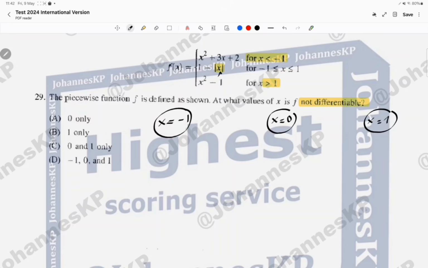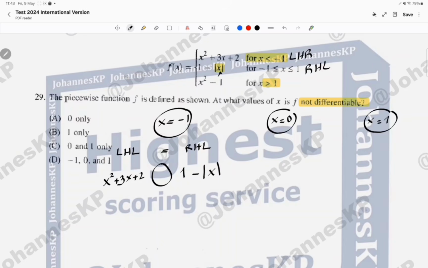Let's check first of all the continuity, which means does the left-hand limit equal the right-hand limit? That's the question. Left-hand limit, because it's less than -1, and right-hand limit, it's more than -1. So x squared plus 3x plus 2, and here 1 plus the absolute value of x.